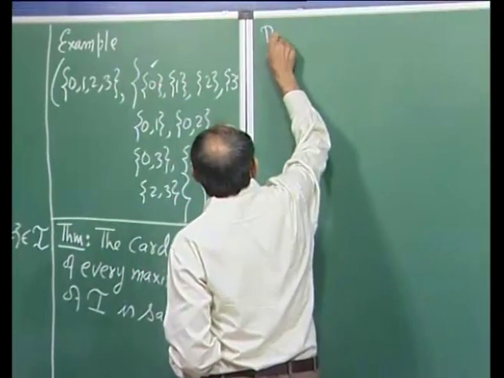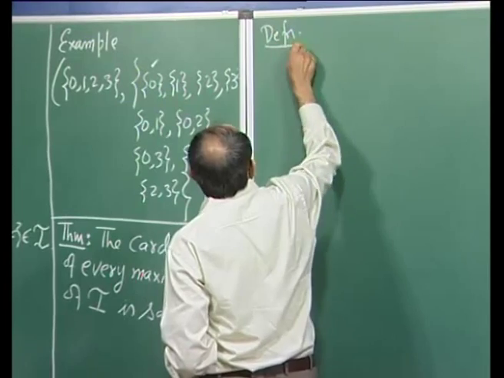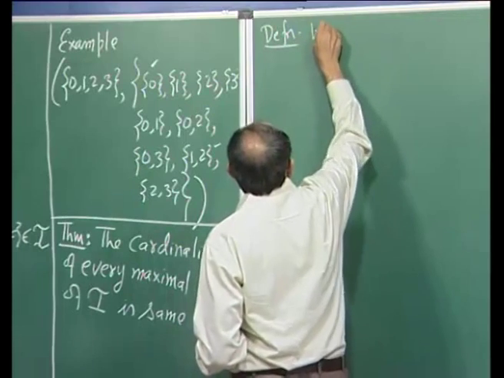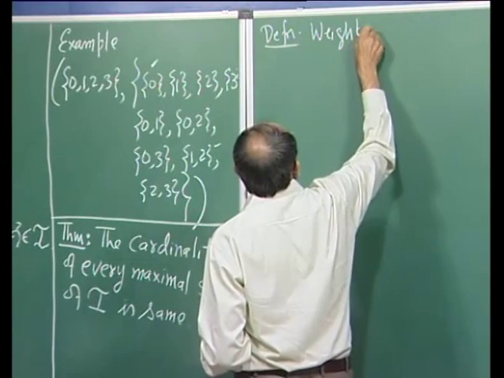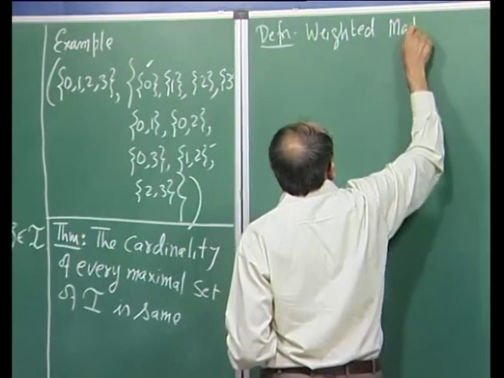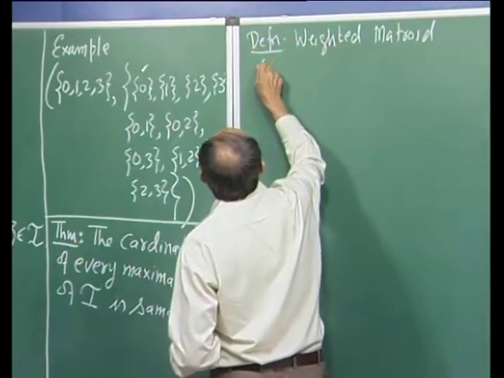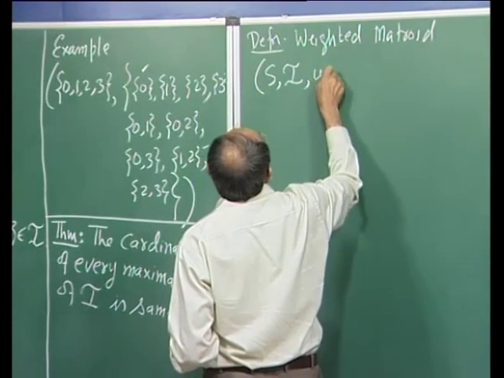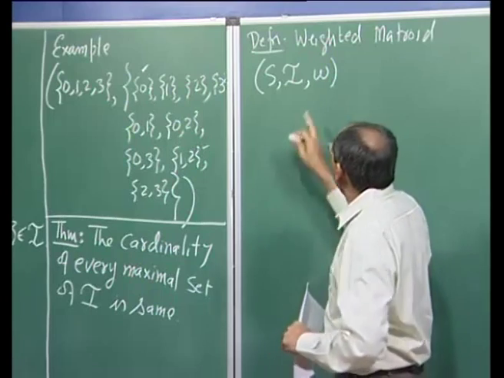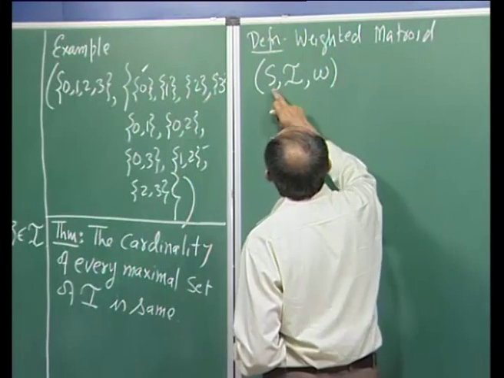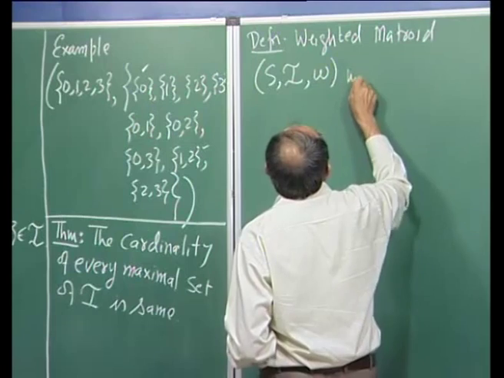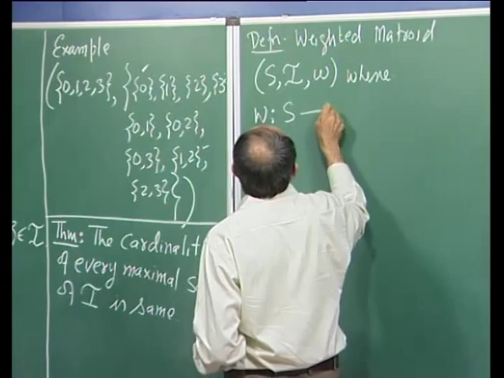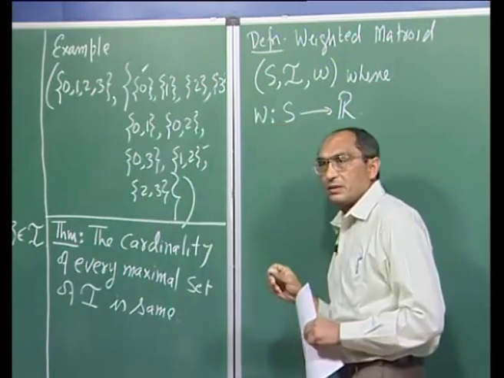Now, we define a weighted matroid. A weighted matroid is a 3 tuple S, I and a weight function, where the weight function assigns weights to every member of S, where weight is a function from S to real numbers.